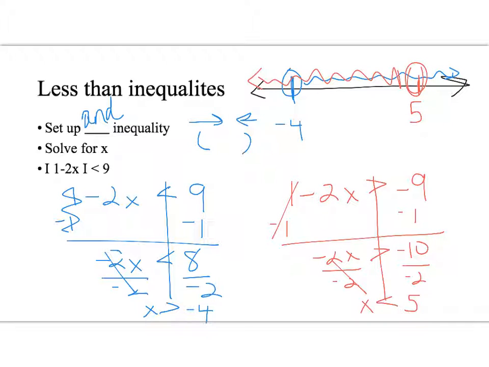So, as promised, this was an and, so the arrows are pointing towards each other, so your notation would be: open circle gets a parenthesis for your negative 4, and the 5 is also an open circle, so it would also get a parenthesis. So we are combining compound inequalities and absolute value equations basically into the same skill.